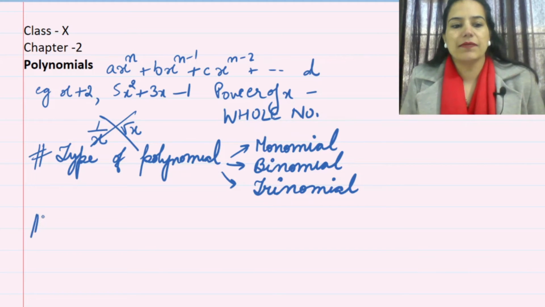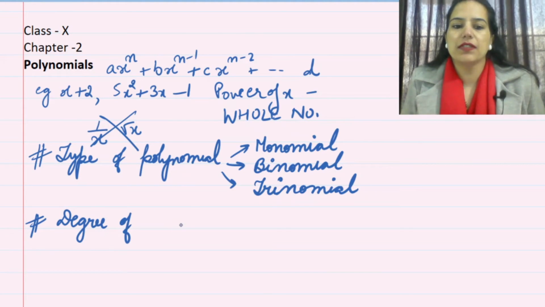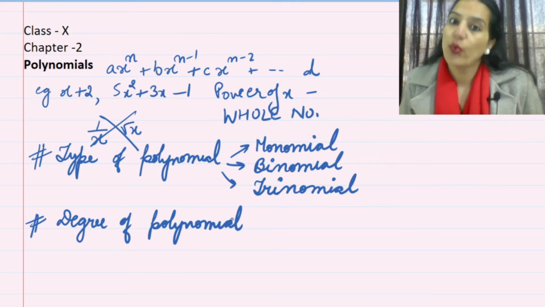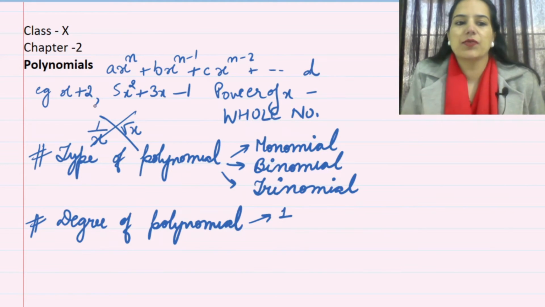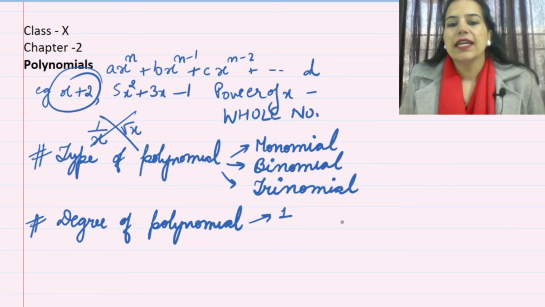Then next concept, a very important concept, is the degree of polynomial. Degree of polynomial means the highest power of the variable, highest whole power. Remember, fractions are not allowed. So if the highest power is just 1, like it was here in x plus 2, it is called a linear polynomial.